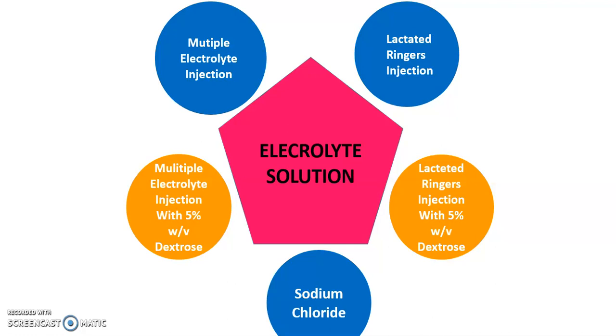Next, let us discuss multiple electrolyte injection. It generally has a composition similar to normal plasma, and it shows a pH near that of the extracellular fluid. Many times potassium deficiency may develop due to stress, and this is nullified by the addition of potassium chloride.